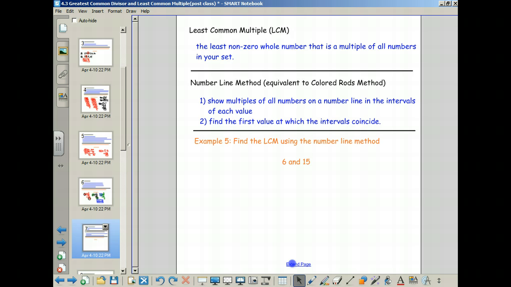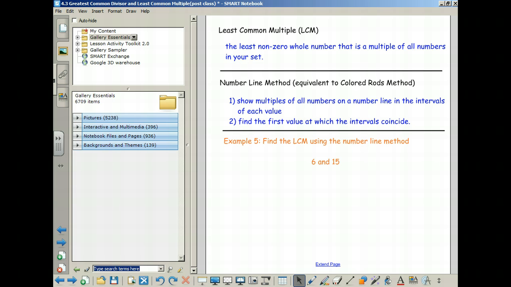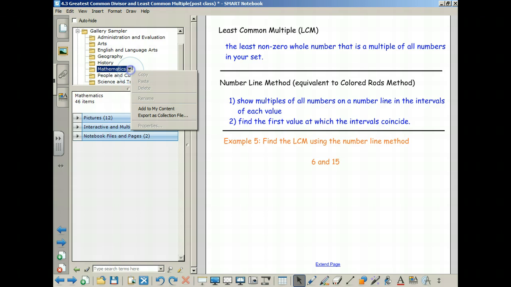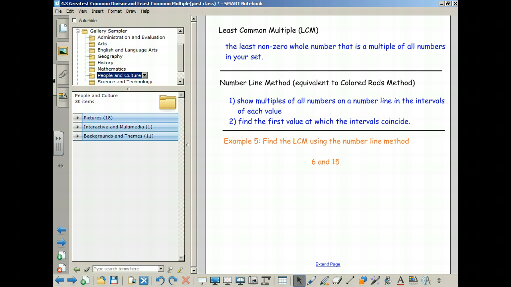I wanted to, let's see if I can remember where it is. Where is it? It's supposed to be underneath mathematics.